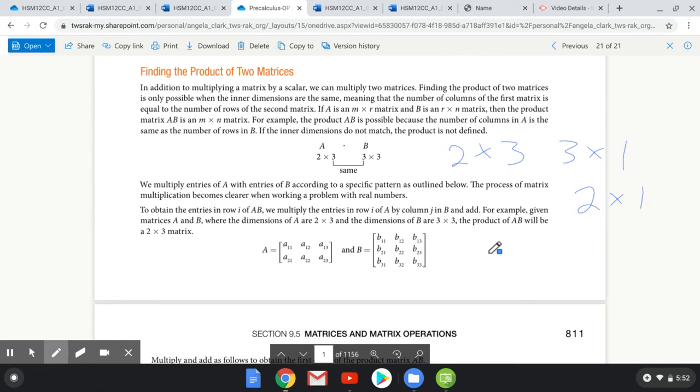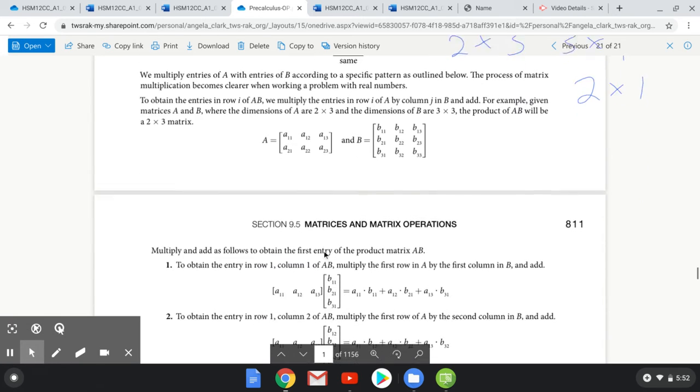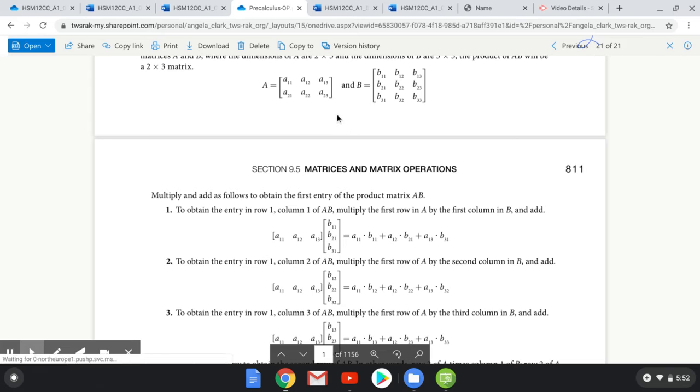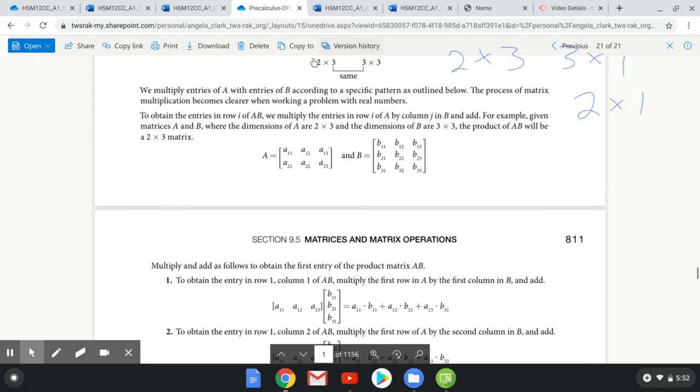All right, so with that in mind, let's look at how matrix multiplication even works. So looking at these two matrices here, these are the matrices with these dimensions.